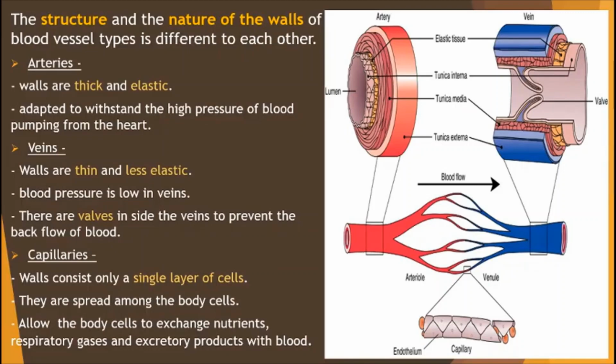The vein walls are thin and less elastic. The blood pressure in veins is low, so there are valves inside the veins to prevent the backflow of blood. This helps to transport blood inside the veins against gravity.